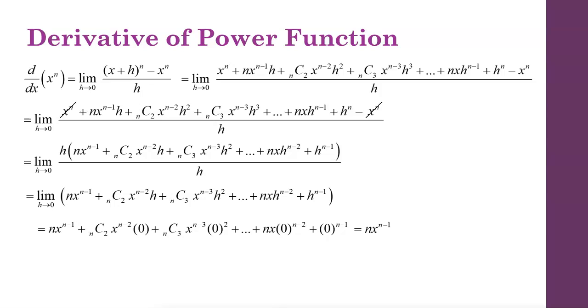Now, later on, we're actually going to verify that this holds for other powers too. So the power doesn't necessarily have to be a positive integer. It works for any real number that I have as my exponent, and would also work for negative powers. So generally, the derivative of x to the nth is going to be nx to the n minus 1, right?